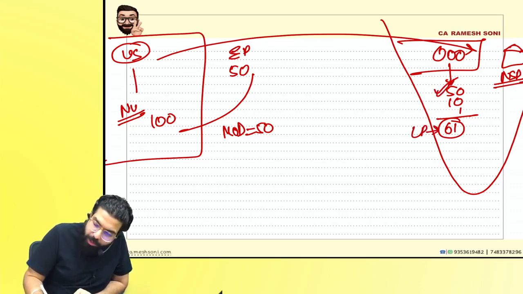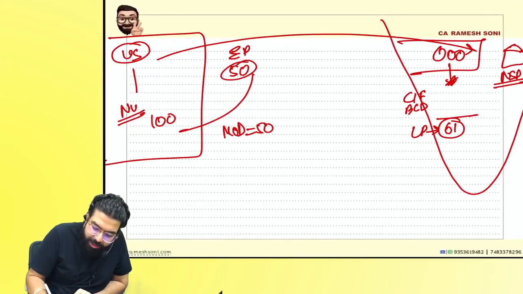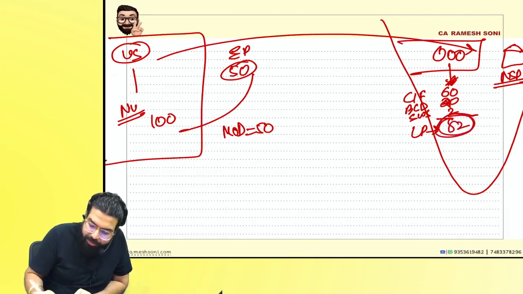Whatever is the import value, basically the CIF plus basic custom duty plus the, okay, I will do one thing. I will take the CIF a little more because it was exported at 50. CIF might be 60. Basic custom duty might be 20 rupees and social welfare surcharge is supposedly 2 rupees. How much is it? 82 rupees is the landed price.